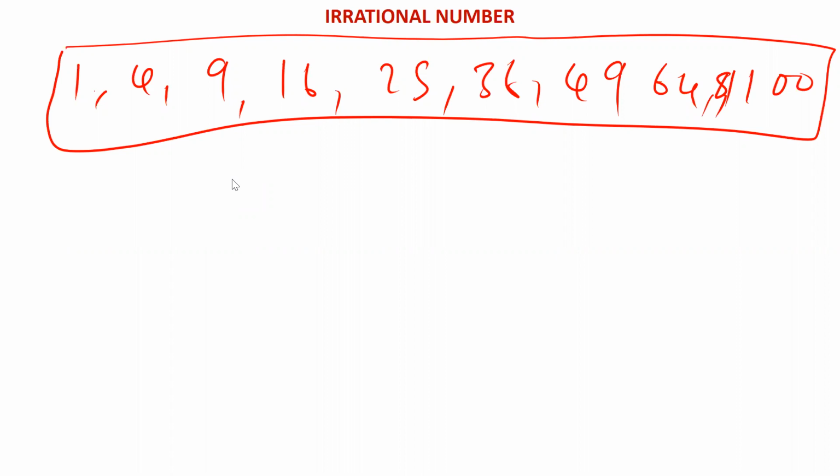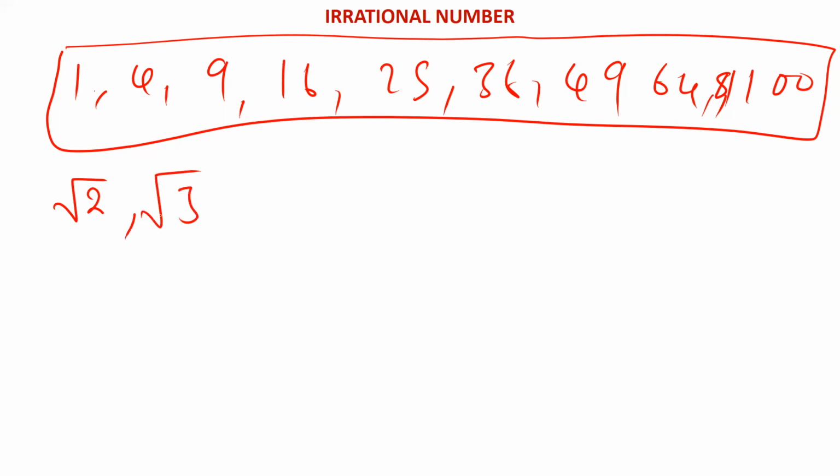All right, so this is what I'm trying to talk about. I was saying, any square root of a non-perfect square number is an irrational number. For instance, the square root of 2: 2 is not a perfect square, meaning the square root of 2 is an irrational number.